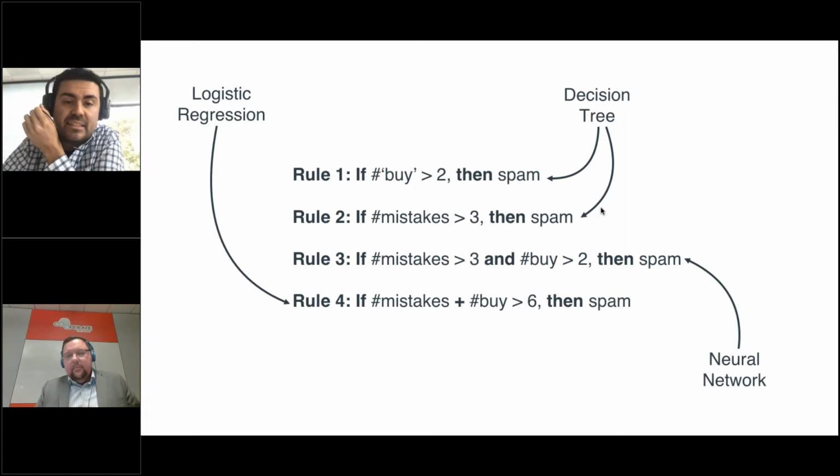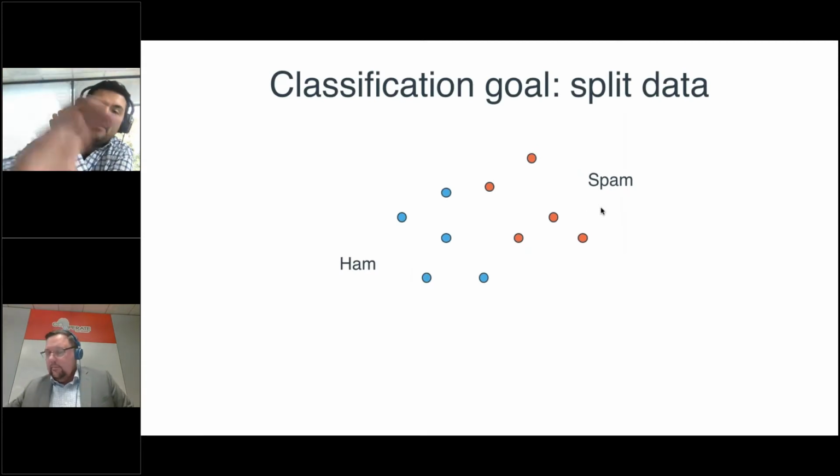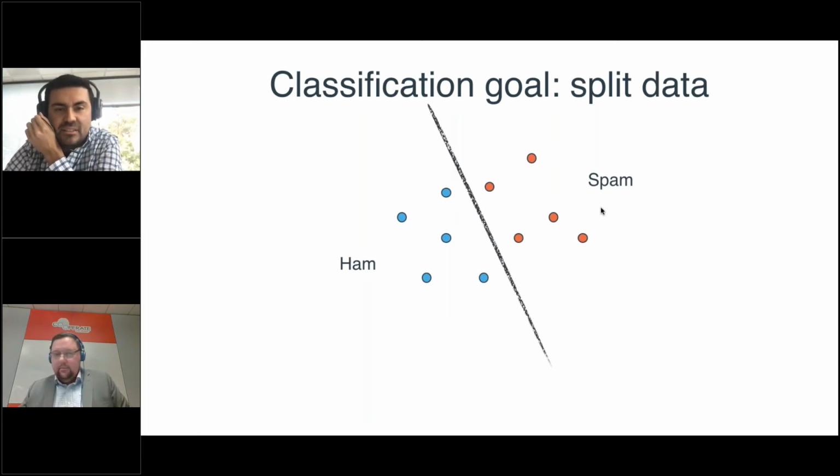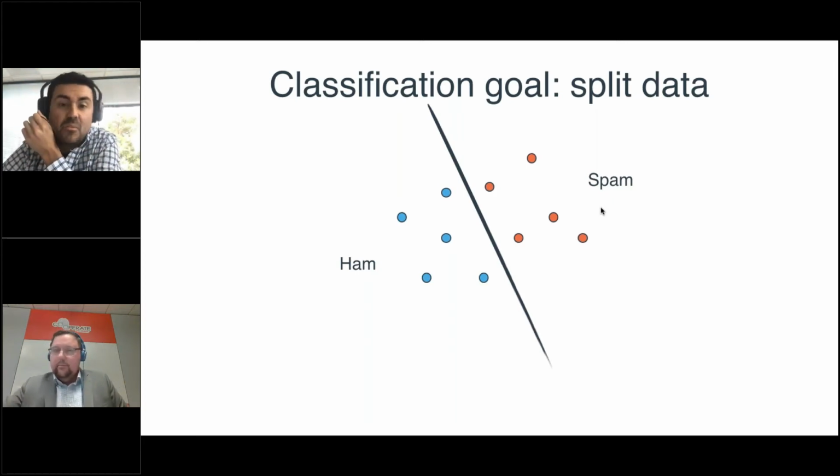And the idea is that these numbers, the 3, the 2, the 6, are the ones that we train using machine learning. So that's basically the goal of classification: if I find a way to put all my ham emails on one side and all my spam emails on another side, the model is just something that cuts it. Something that says, you know what, from here on, it's going to be ham. From here on, it's going to be spam in some way or another.